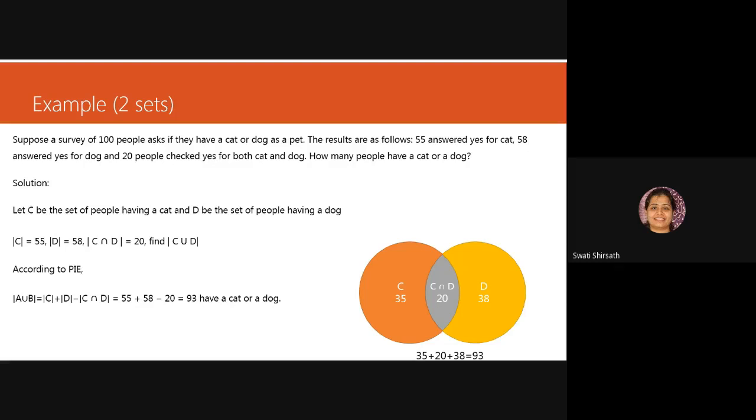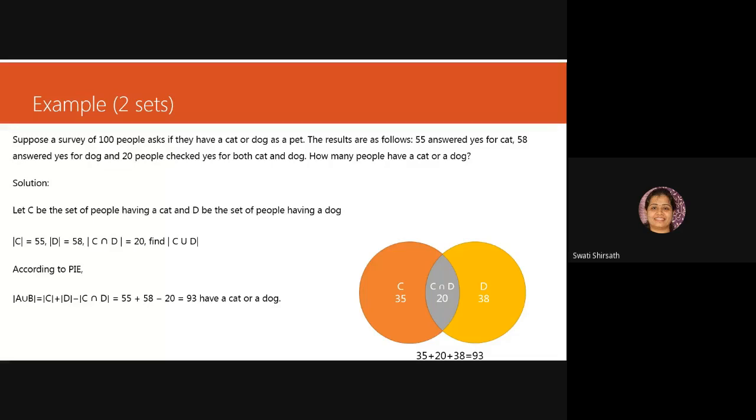Okay, have you got this? Two sets. Yes, ma'am. This is the way we will be calculating it using a Venn diagram. So it is up to you. If you want to use the formula, you can go with that one.